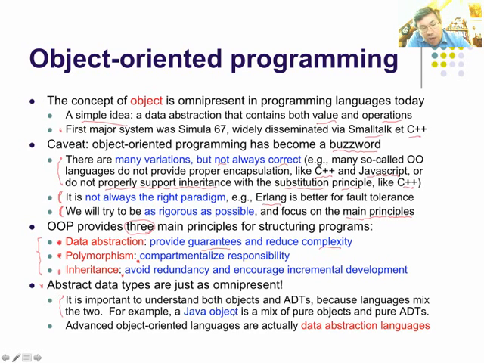So, for example, a Java object is actually a mixture of a pure object and a pure abstract data type. And this mixture is very important. It was not a mistake. It's an intentional design decision, and it's important. So we can say that an advanced object-oriented language today is actually a data abstraction language. And in fact, we should call them data abstraction languages and not object-oriented languages.